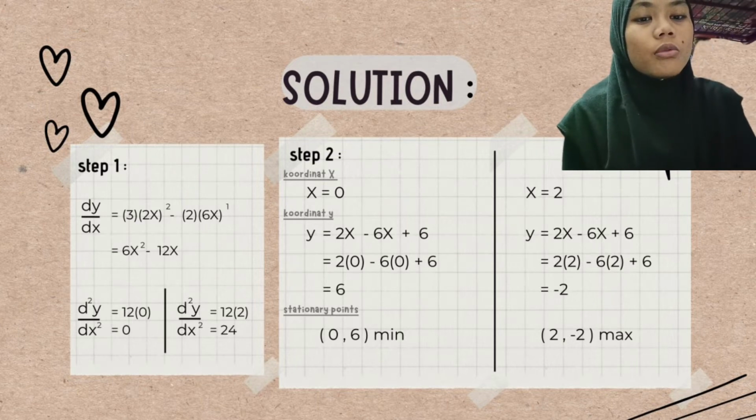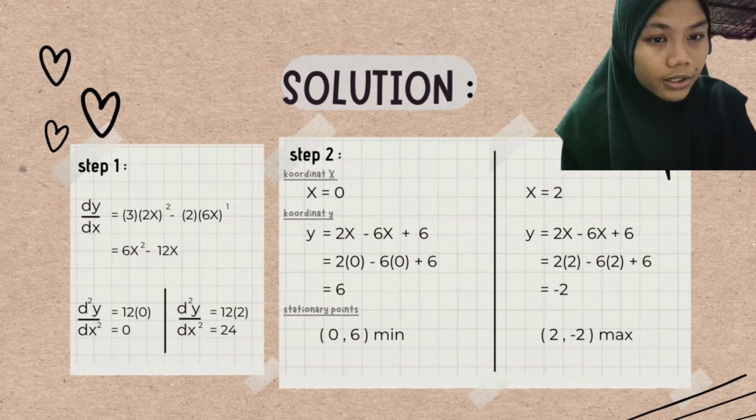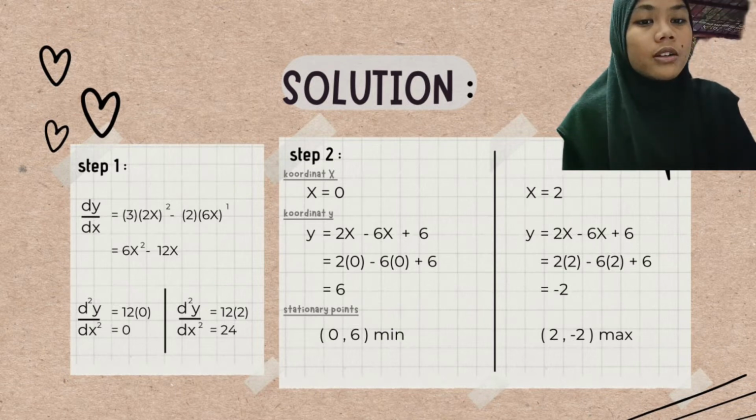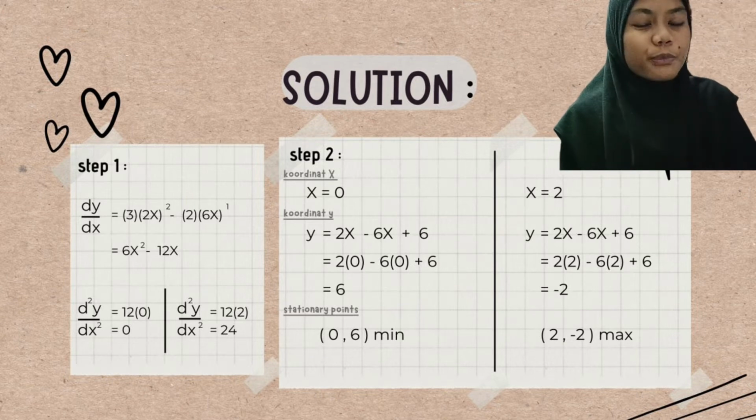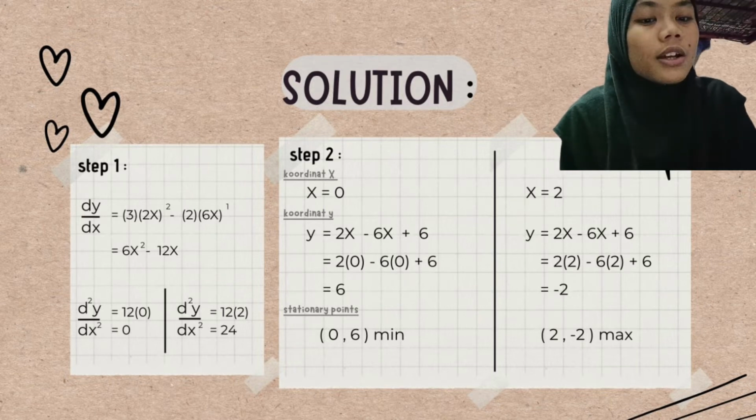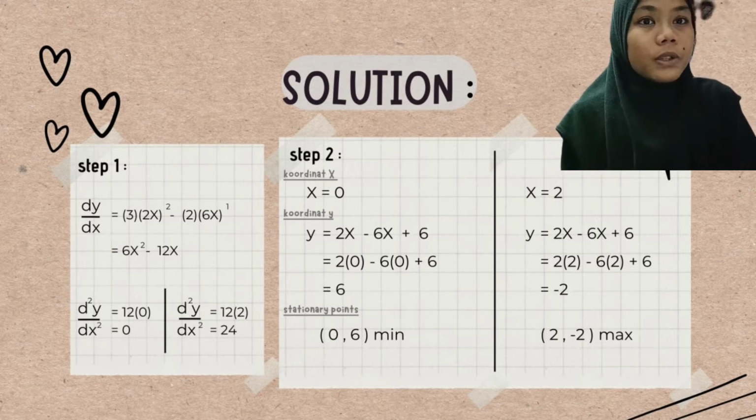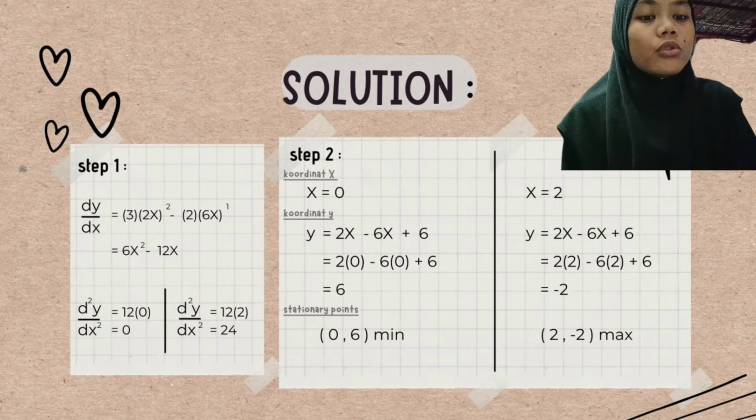Next, we need to find the second order of differentiation, but the equation for the first order is not complete yet, so we need to complete it. We need to find the turning points. To find the turning points, the first order of differentiation must equal 0.